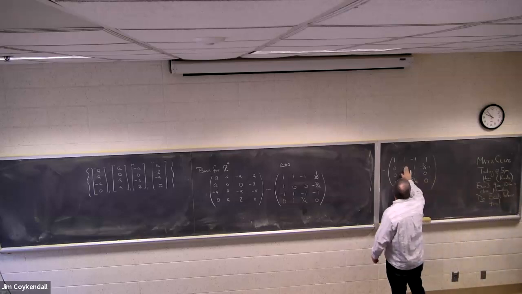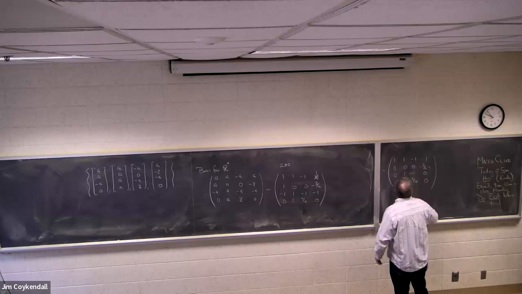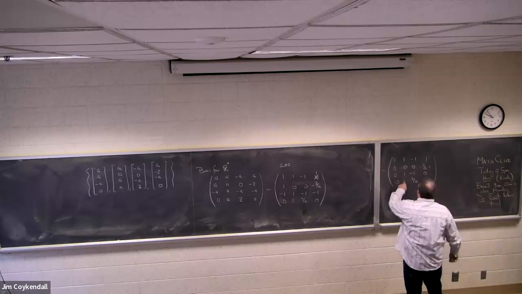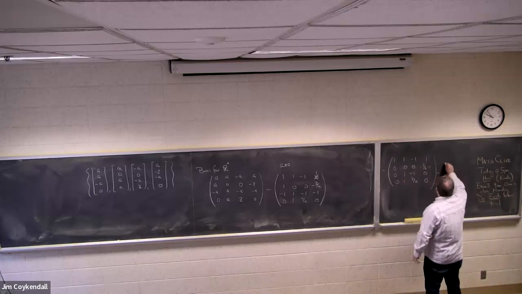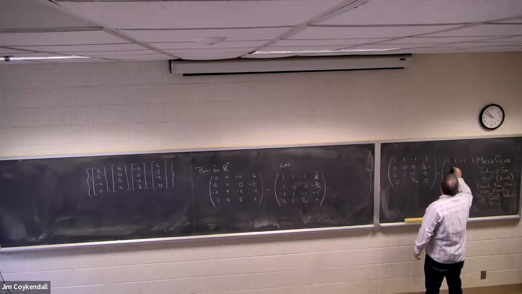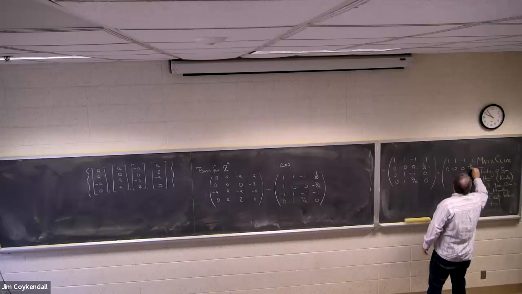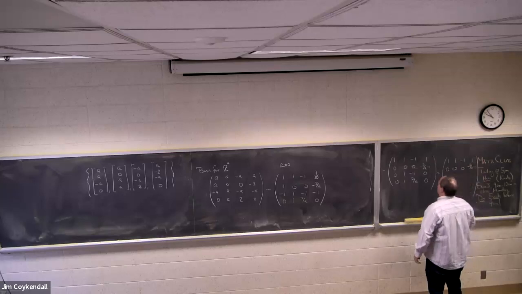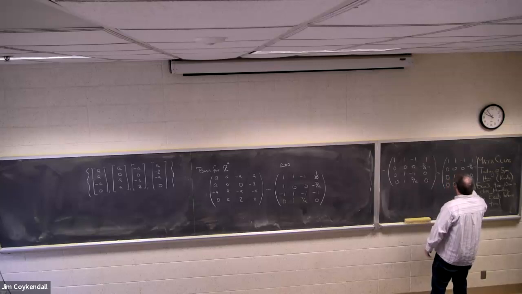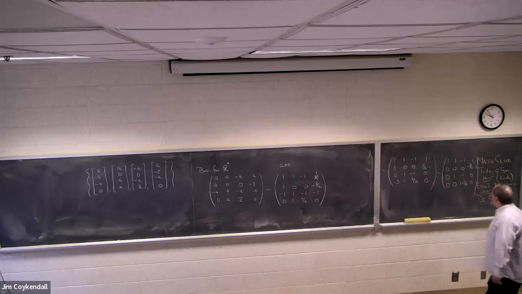And forgive me again. 0, 0. And I'm going to do one more thing: minus 1 times this plus this. Yeah, there we go. Agree with that? All right.